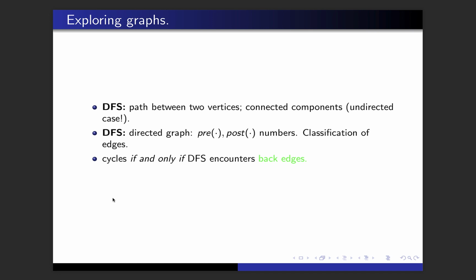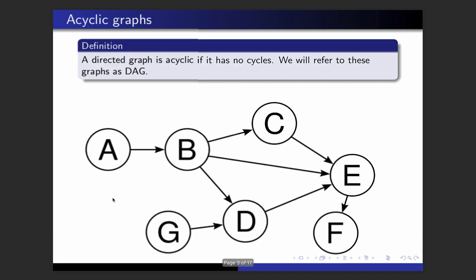We made a clear classification of back edge, and we saw how from one run of DFS we can determine whether or not we have a back edge, and that in turn gives us whether or not our graph has cycles. This is in the directed graph setting, which means that the cycles would obey the direction of the edges. And now I want to give you an example of a graph that doesn't have a cycle.